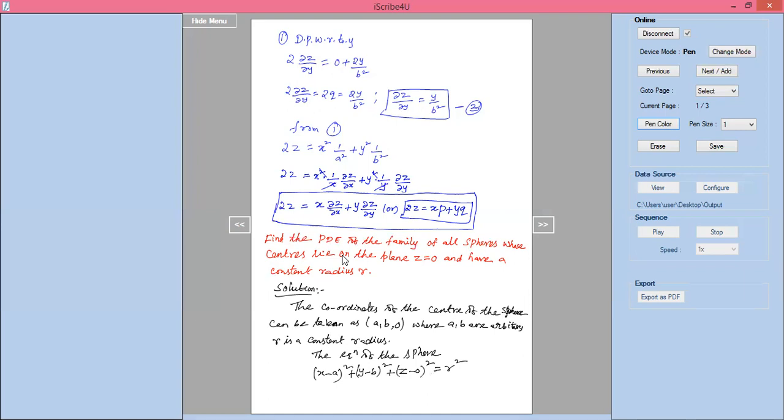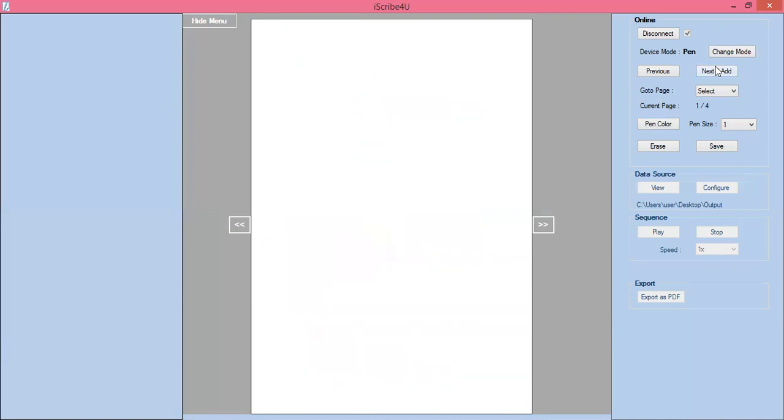Now we can write this as (x − a)² + (y − b)² + z² = r². Here what are a, b? a, b are arbitrary constants.